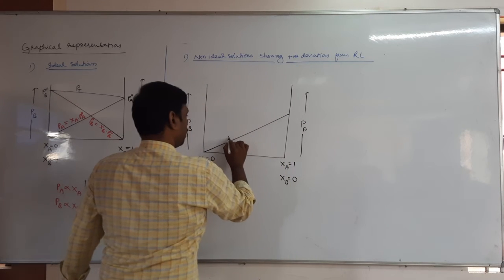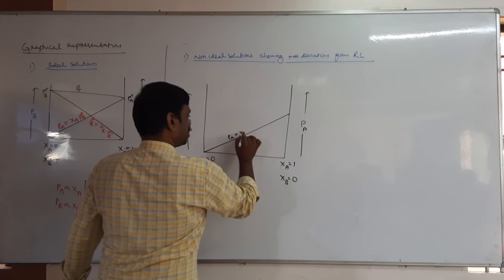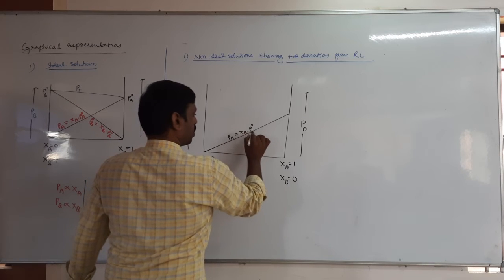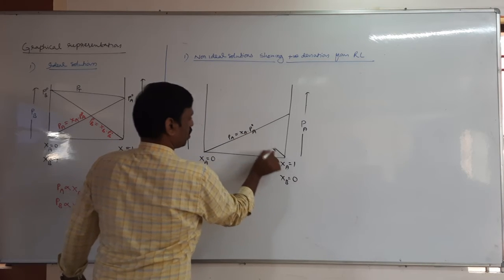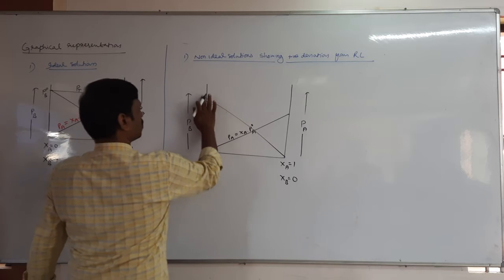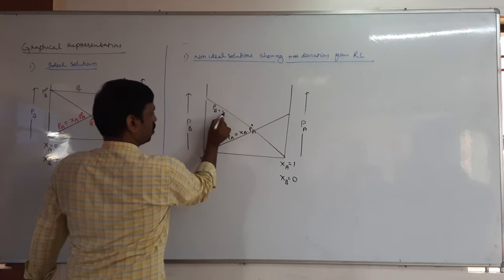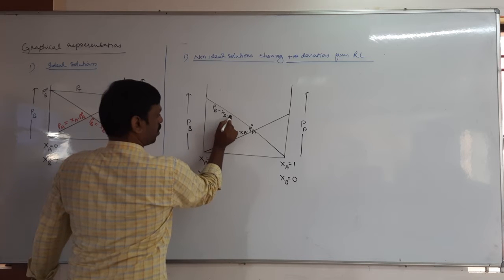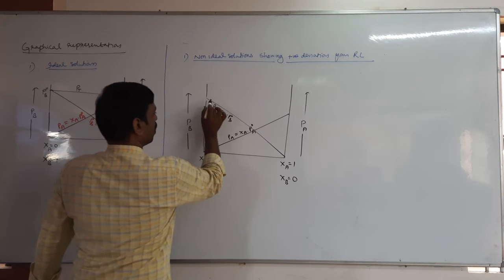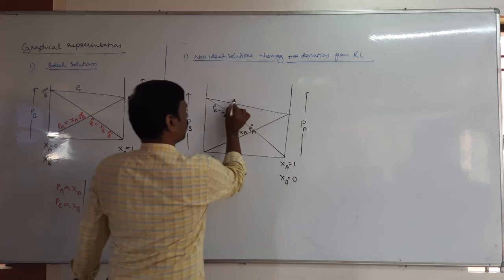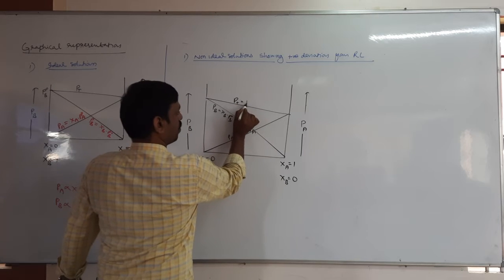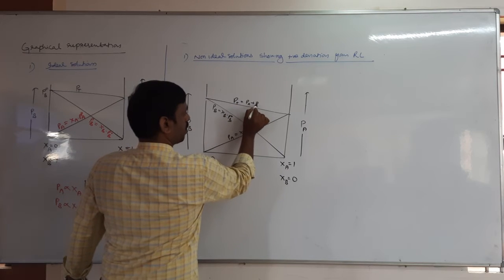It is PA equal to XA into P naught A. Next here, this is for PB equal to XB into P naught B. It is P total. P total equal to PA plus PB.